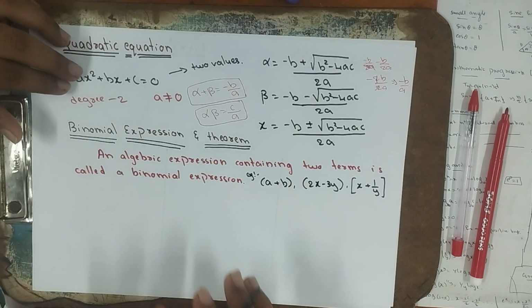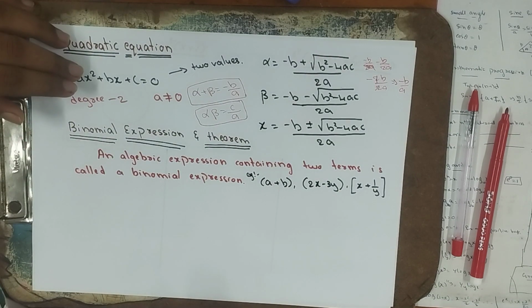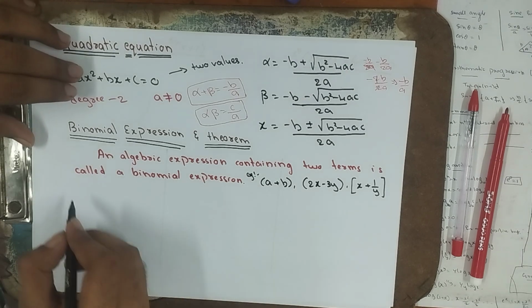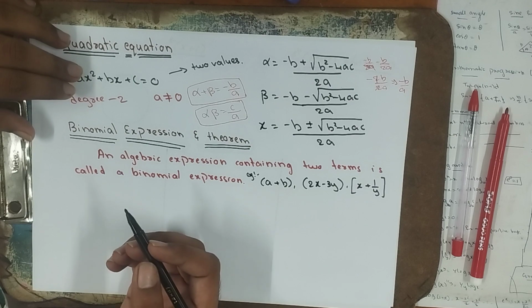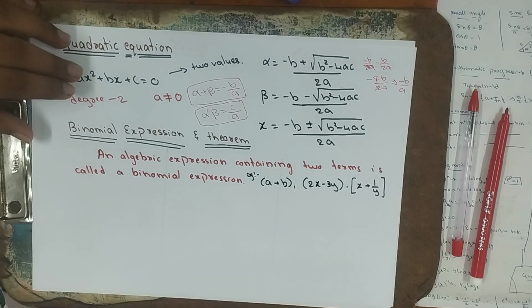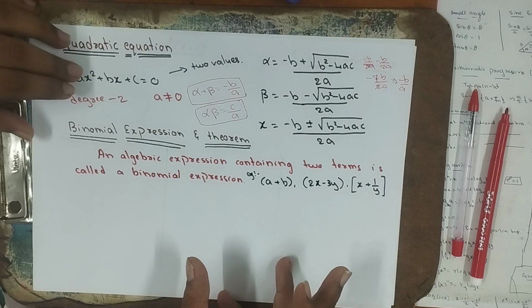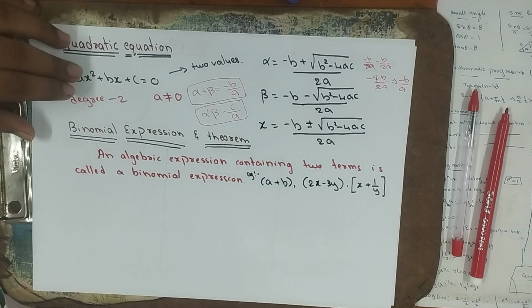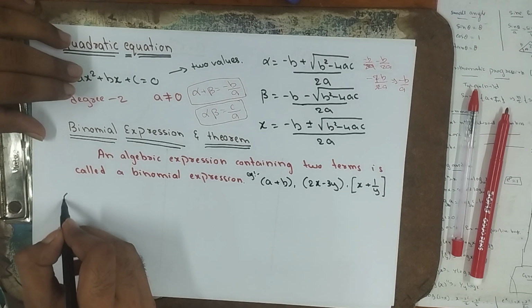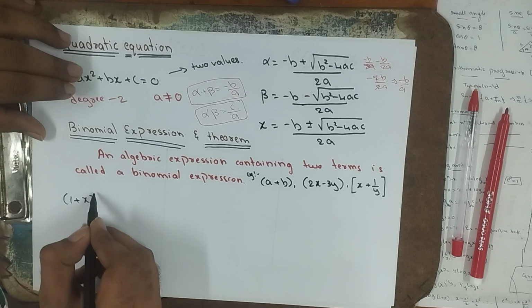Now finally there is the binomial theorem. I won't recommend going deep, I just give you the final answer, because there is no need. When there is need, we will learn deeply, but in mathematics you just need to know how it comes and why it comes. See, the binomial theorem is very simple. Now 1 plus x to the power of n.